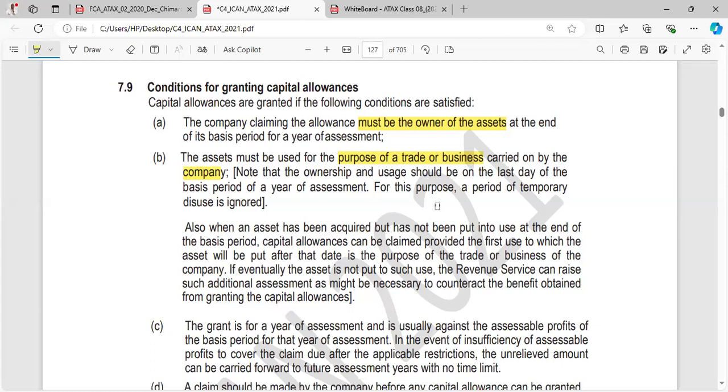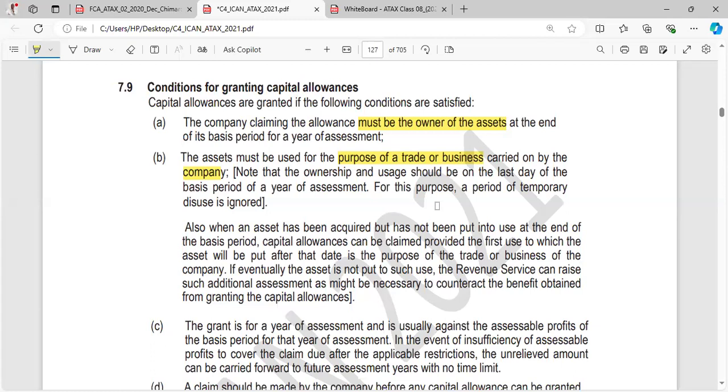You have already claimed capital allowance. That benefit that you claimed, the revenue service will reverse that benefit. So that capital allowance that you enjoyed, you will unenjoy it. Let me say that they will raise an additional assessment that would have been given if that capital allowance was not reducing your assessable profit.